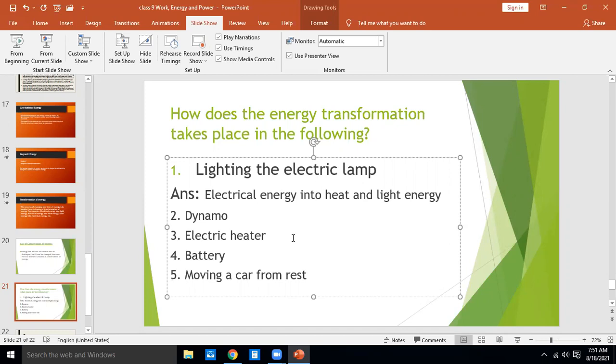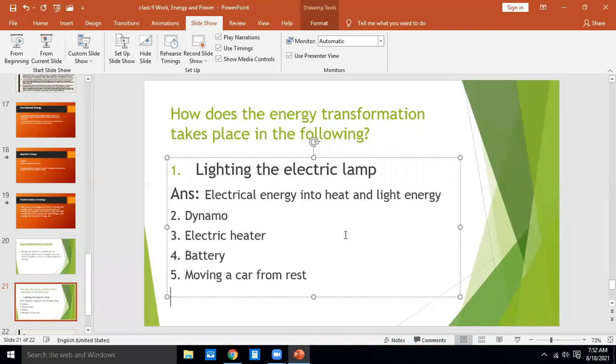I'm giving some other examples also now. Headphone: electrical energy into sound energy. Only sound, or vibration. Vibration also comes under sound energy.